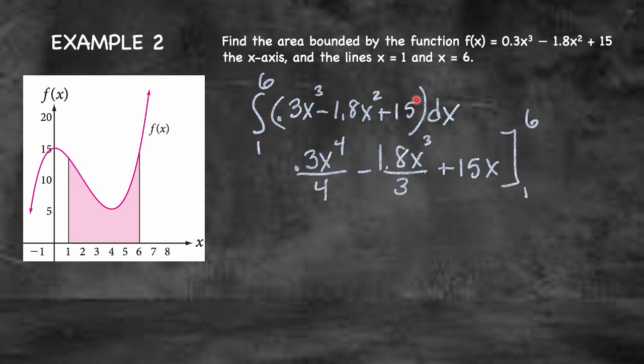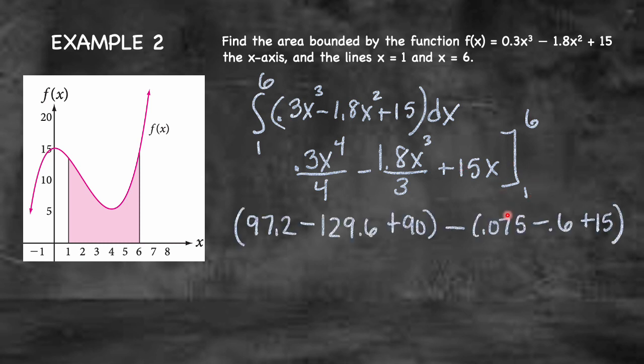When we find the antiderivative, we get 0.3x to the fourth over 4 minus 1.8x to the third over 3 plus 15x. And now we just need to evaluate it from 1 to 6. Remember that we plug in the higher value first, so our upper limit gets plugged in first, and then we subtract from that what we get when we plug in our lower limit.